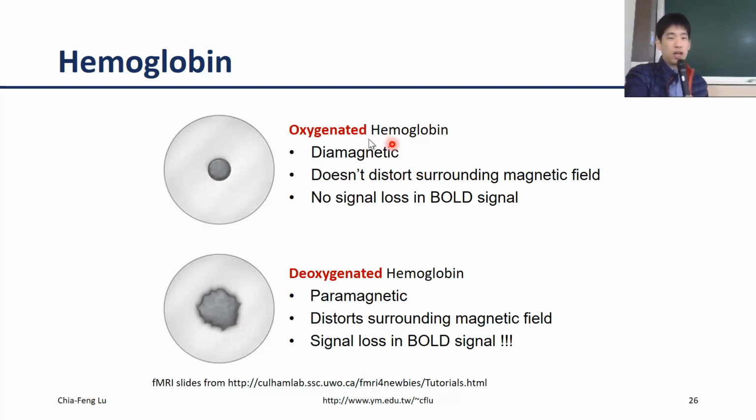So actually, you can see if you have more oxygenated hemoglobin, there is no signal loss or signal changes in fMRI. But if you have more deoxygenated hemoglobin, it will reduce the BOLD signal because it will distort the surrounding magnetic field in the MRI. So it will cause signal loss in your brain.